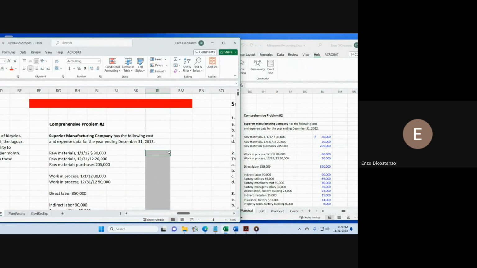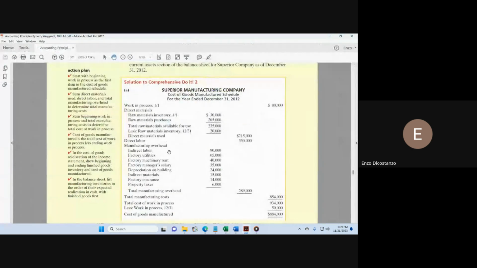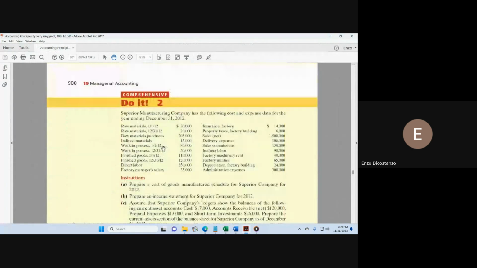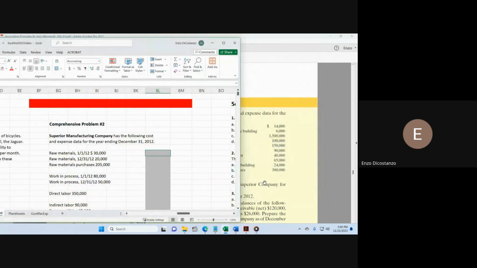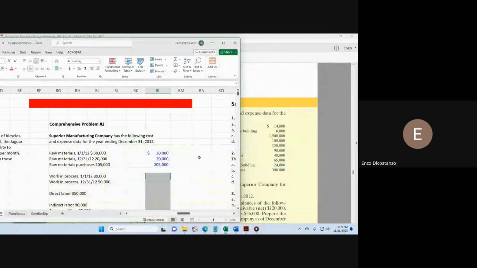Raw materials, so material purchases. Here, the first three are all raw materials: 30,000, 20,000, and 205,000. You have all those. That's 17 more to go. You have the beginning and the ending work in progress, 80,000 and 50,000.